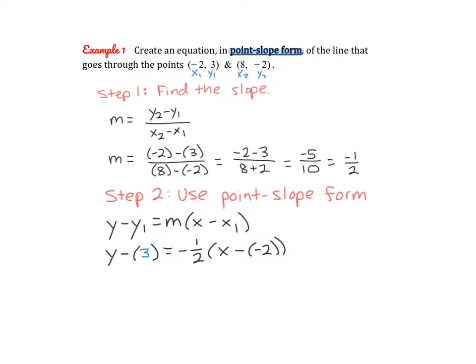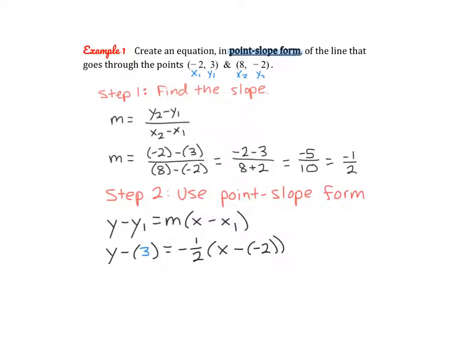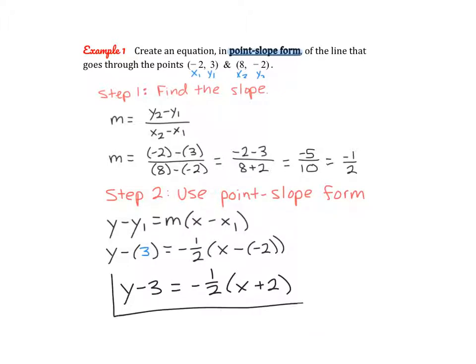And the last thing I'm going to do is I'm going to take care of these two negatives, so I'm going to rewrite it as y minus 3 equals -1/2 times x plus 2. Now, if you look at the directions, these directions said to create an equation in point-slope form. So for this example, we can actually leave our answer exactly like this.